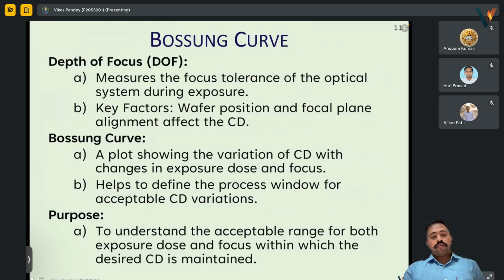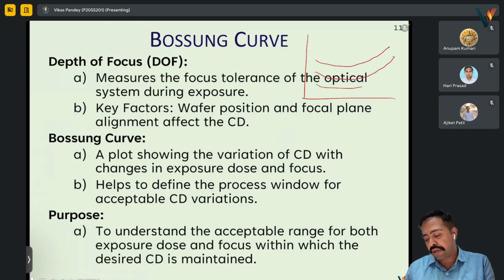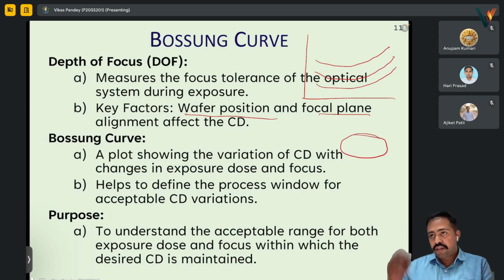Then there is the Bossung curve, which will have contour kind of patterns. This you will also find in the data sets. When we optimize the process, we make these things. So we have seen depth of focus, that is the focus tolerance of the optical system during exposure. It will depend on wafer position and focal plane. If this is the wafer, ideally the projection system should focus on the wafer itself.